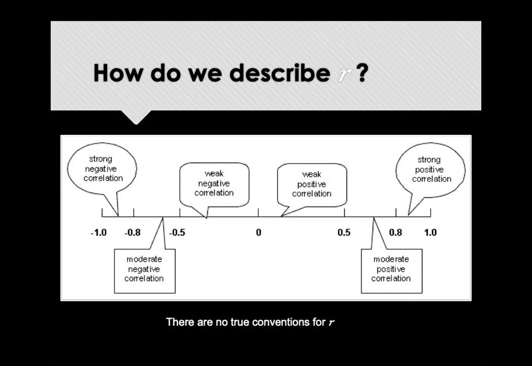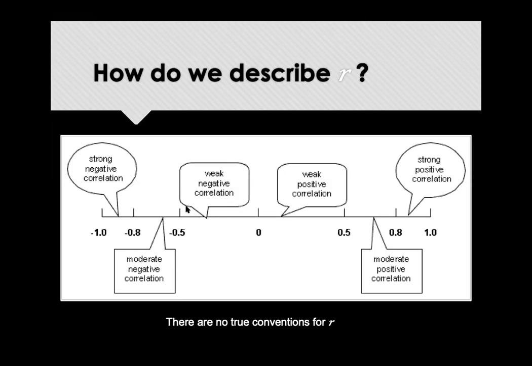Generally speaking, a value for r between 0.8 and 1 is considered strong, whether that's positive or negative. So if you had an r value of negative 0.95, that would be a pretty strong negative correlation. And similarly, positive 0.95 would be a pretty strong positive correlation.